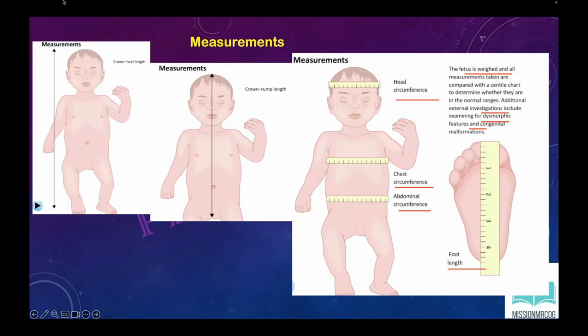Crown to heel measurement, crown to rump measurement, head circumference, chest circumference, abdominal circumference, and foot length. Apart from this, the baby is weighed, and all measurements are compared with the centile charts. Any dysmorphic features or congenital malformation is also noted.